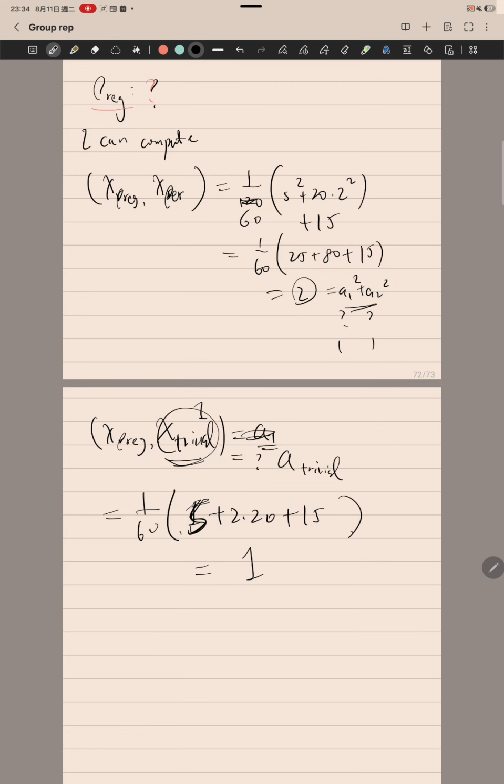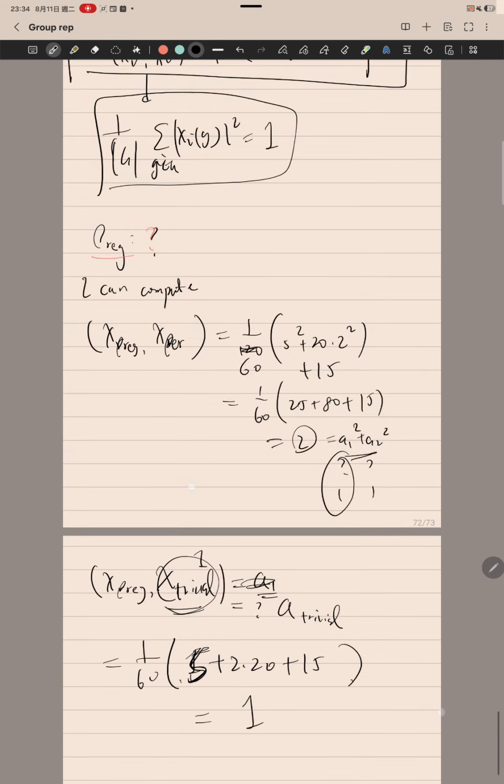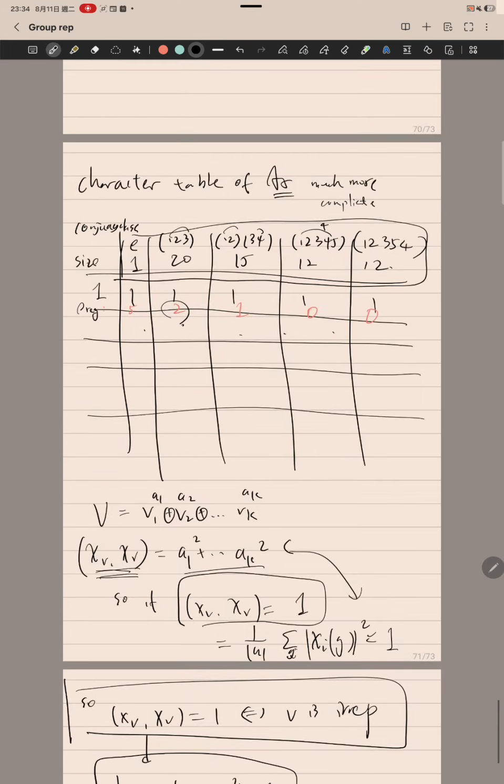So amazing, this is 1. Meaning that the regular contains the trivial representation once. So if I take the regular minus the trivial, then I will get something which is irreducible. Okay, so we find another irreducible, which is of dimension 4.